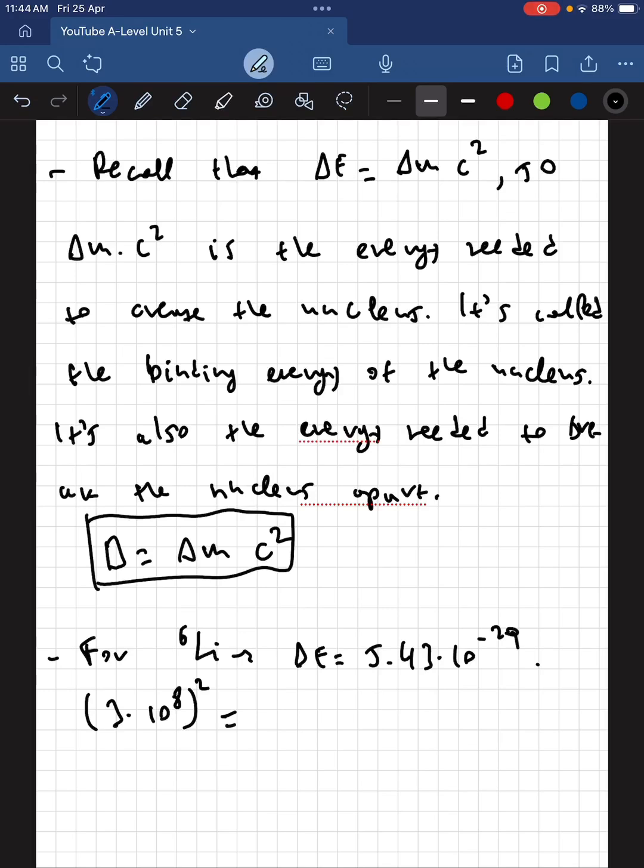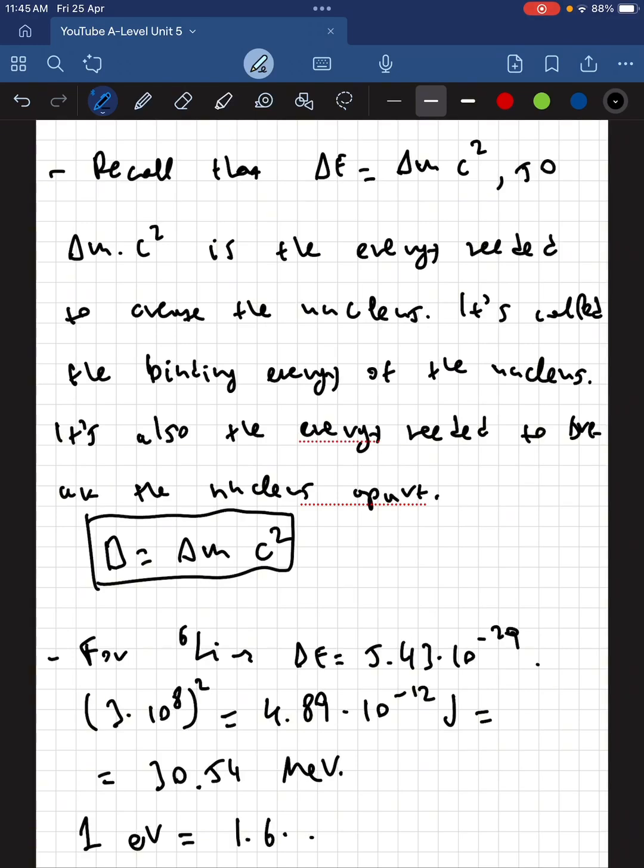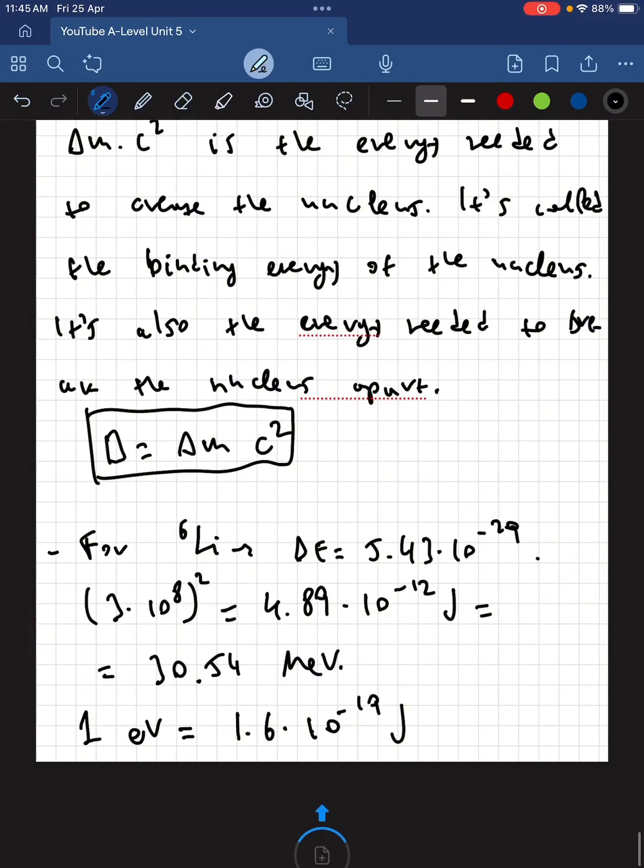So if we carry this calculation on, we will find 89 times 10 to the negative 12 joules. And if we convert to eVs, we will find 30.54 MeV. And I remind you that 1 electron volt is 1.6 times 10 to the negative 19 joules. Right? So that's the binding energy of lithium-6.